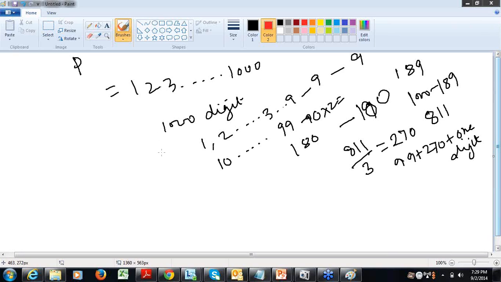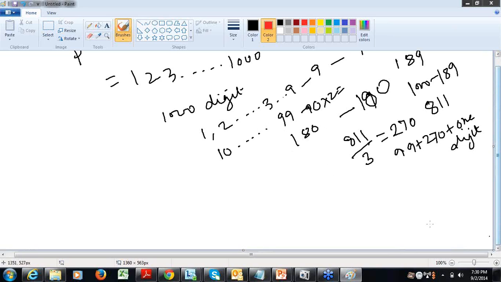So 1-digit number, how many numbers? 1 till 9. 2-digit numbers 10, 11, 12, 13 till 99. 3-digit numbers 100, 101, 102 till 999.